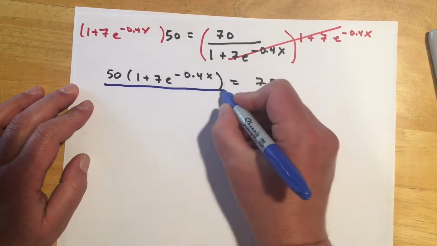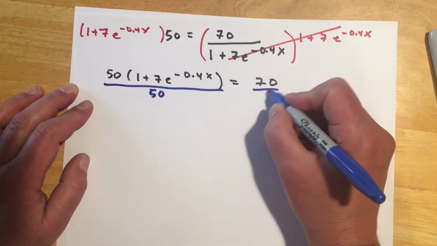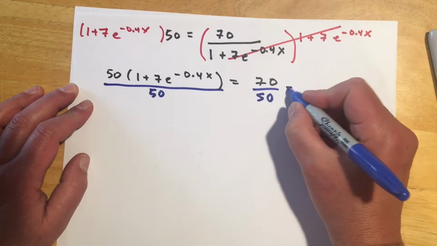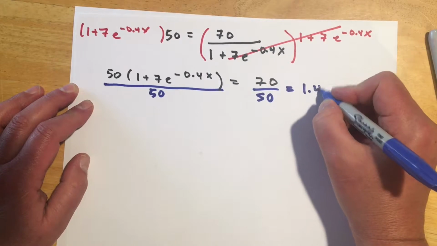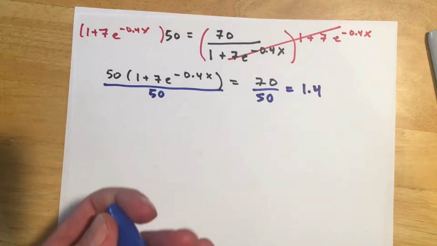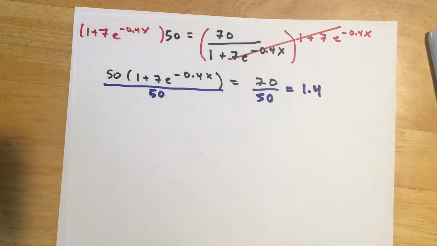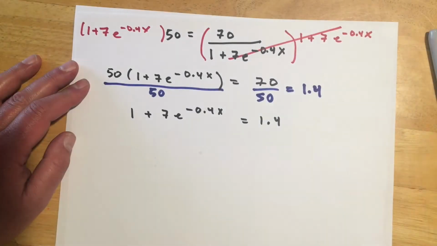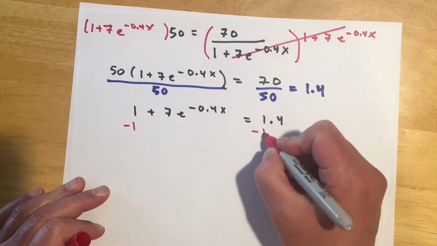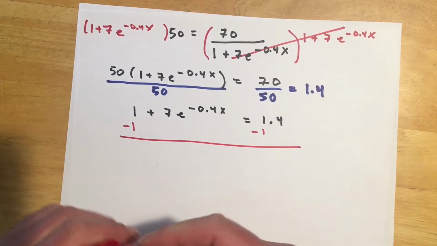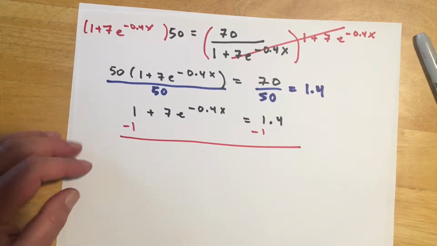So now I'm going to divide both sides by 50. And that's going to make this side be 1.4. And so then give me a second, I'll rewrite that. Okay, and then I'm going to subtract 1 on both sides. Lots of writing in this problem.